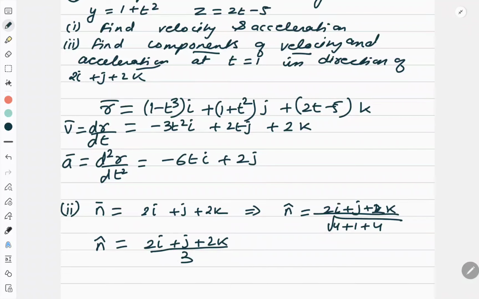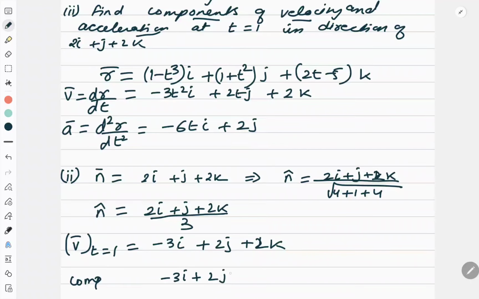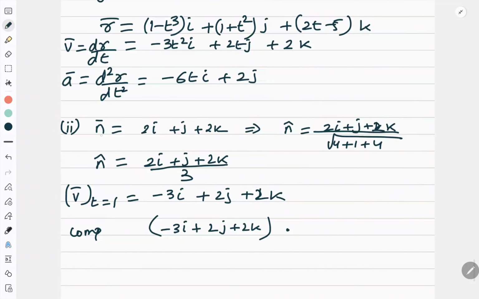Now the first thing is to find the component of velocity at t is equal to 1 in the direction of this vector. So I did this first. Now you find out what is the velocity at t is equal to 1. Velocity at t is equal to 1 is minus 3i plus 2j plus 2k. So the component of velocity is velocity dot n cap, in the direction of n.